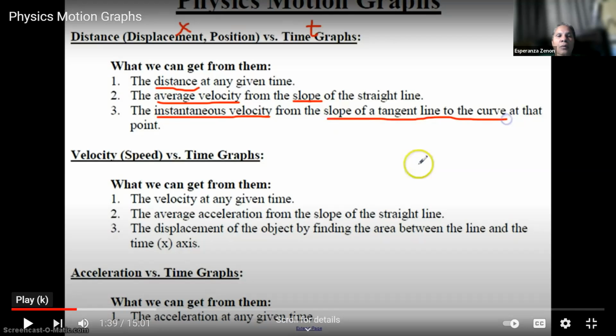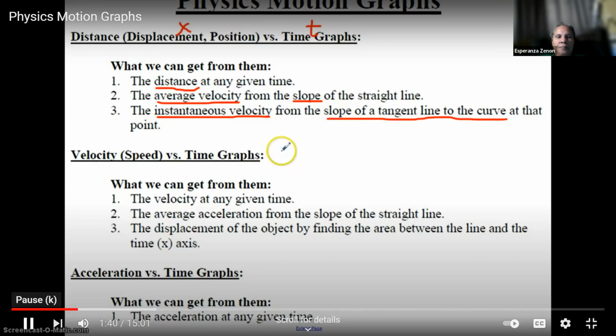So what you'll be concentrating on if you're using a distance versus time graph is the distance. Obviously, if it's a distance versus time graph, you can get the distance. But the other thing that you can calculate from a distance versus time graph is the average velocity. Just keep that in mind as you're watching.